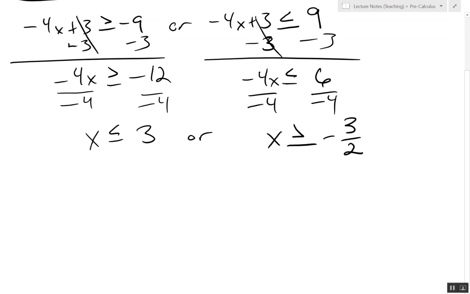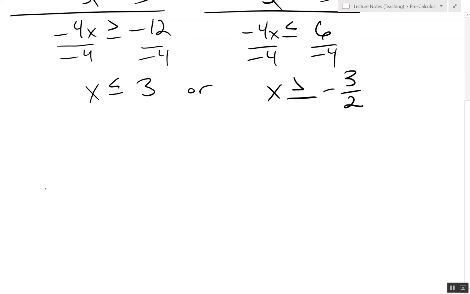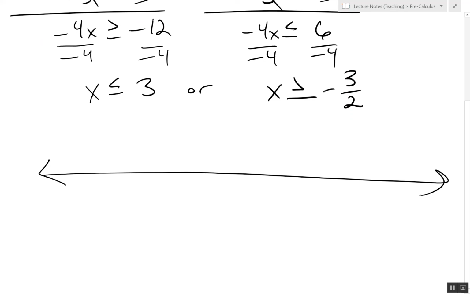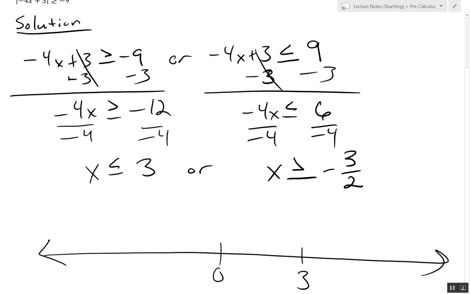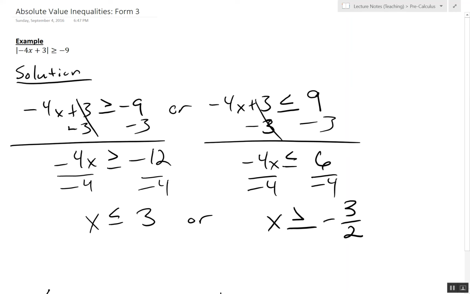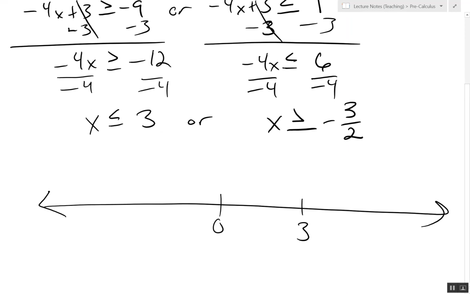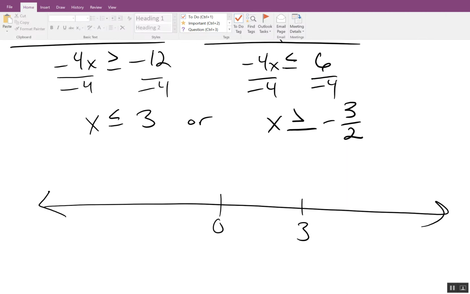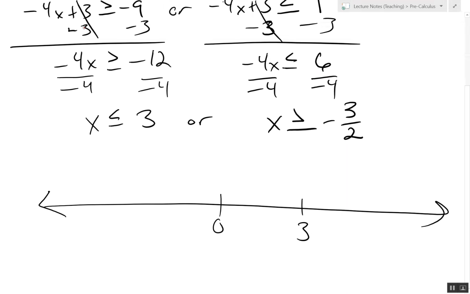So we should look at the number line here. So here's 0, and here is 3. And so x being less than or equal to 3, well, let's graph that.